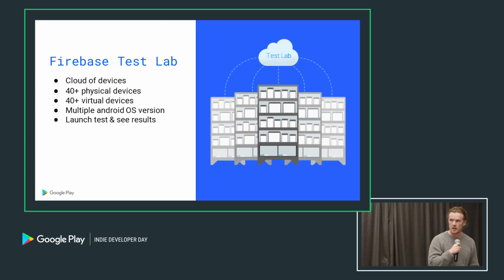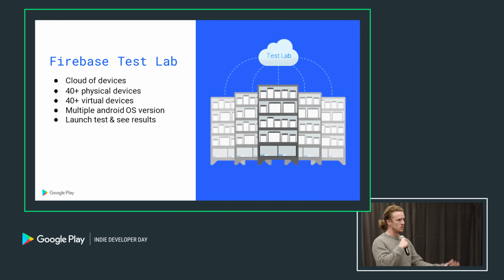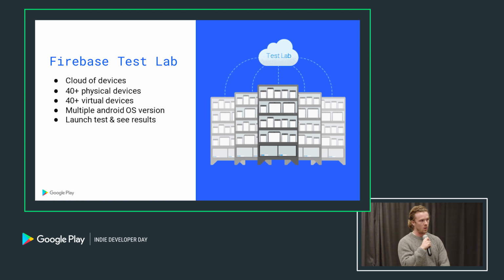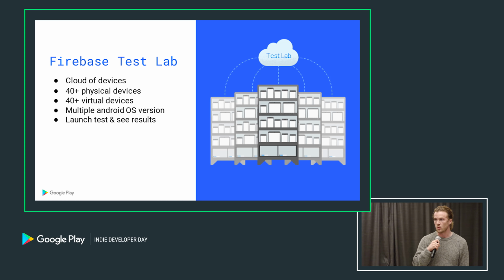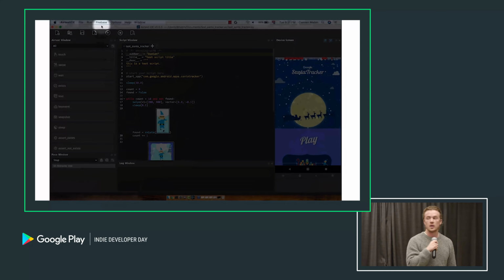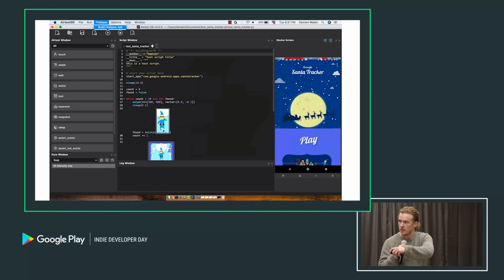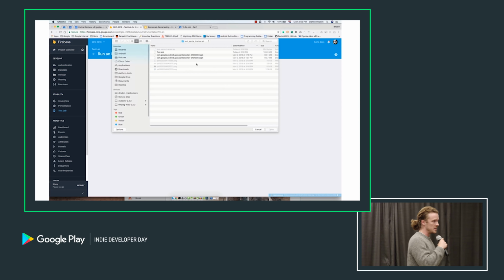And the most exciting thing is that this all integrates with Firebase Test Lab. For those of you that don't know what Firebase Test Lab is, it's basically a cloud of devices. There are physical and virtual devices running all different kinds of the Android OS. You can upload tests to it, and it will test your game for you and give you reports. With Airtest, you can build your test APK and upload it to Firebase Test Lab.